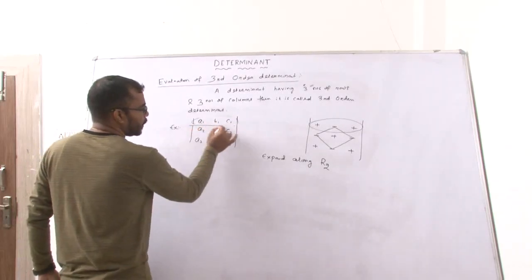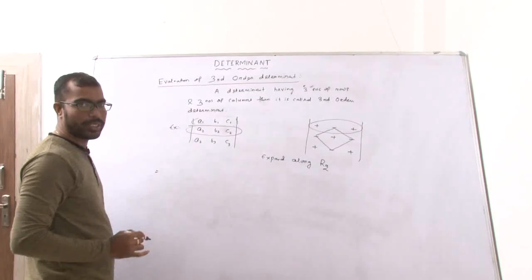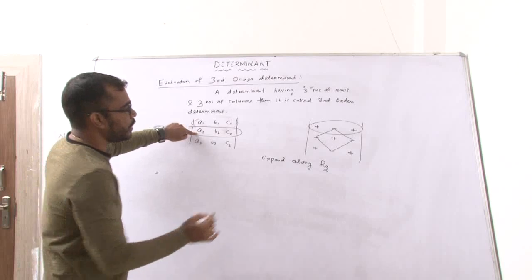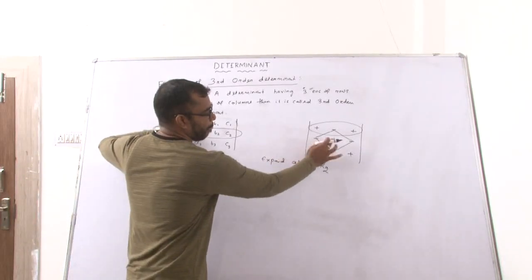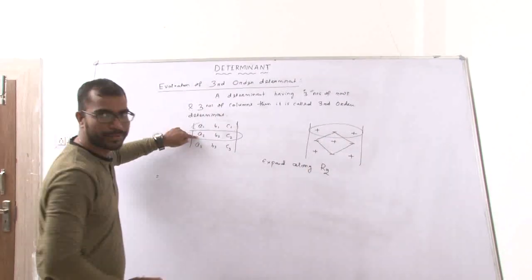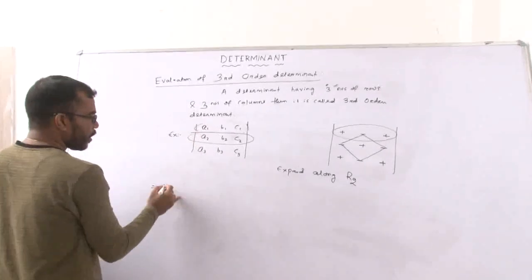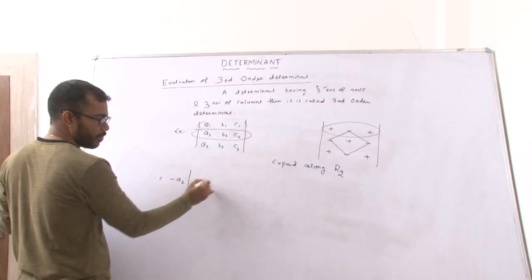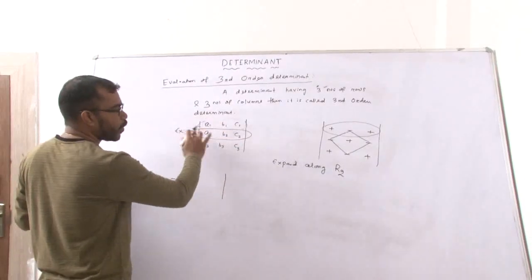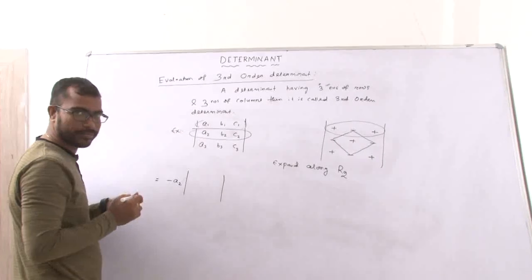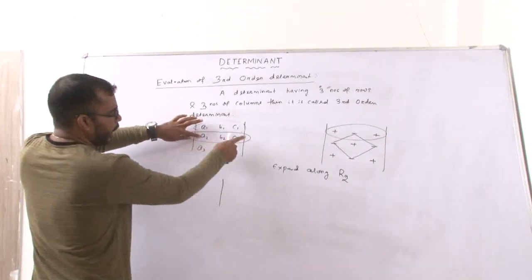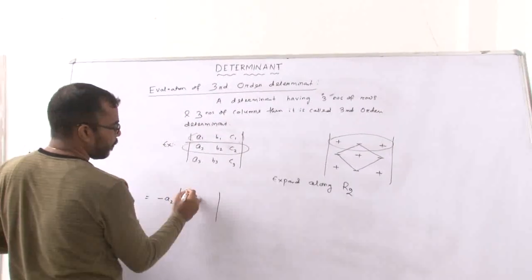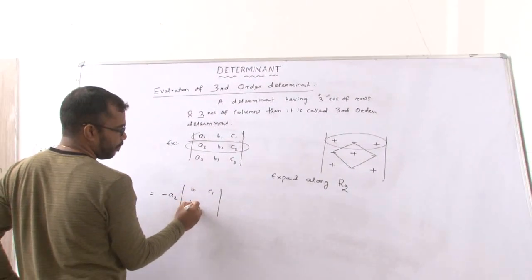In R2, that is row 2, the signs are first negative, then positive, then negative. So the sign of the first value is minus A2. If we delete the row and column of this element, we get B1 C1, B3 C3.